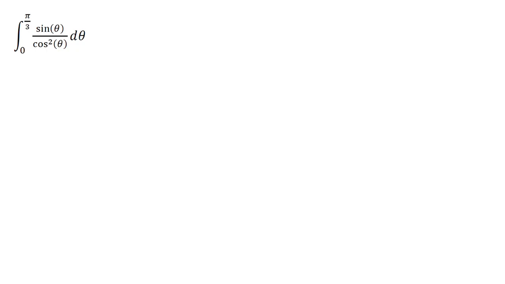Right, for this one we have sine theta over cosine squared theta, d theta, from 0 to pi over 3. Now we could do a U-substitution here, but it might be nice to just be a little more clever. This is 0 to pi over 3 of 1 over cosine theta times sine theta over cosine theta d theta, right?